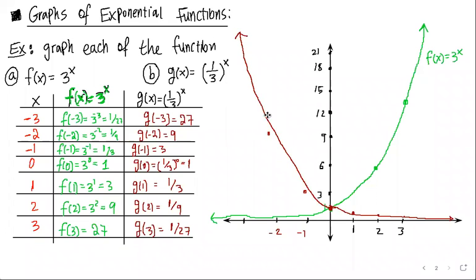Okay, so the point at minus 3 is around 27, a much larger number. Minus 2 from the table is 9, so it will be around here. And minus 1 is 3.